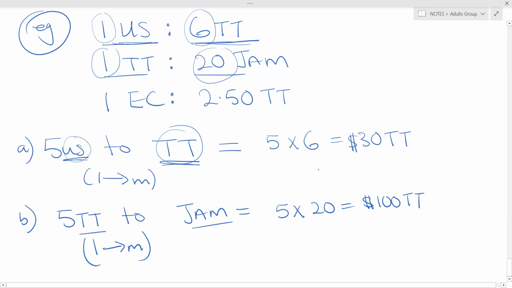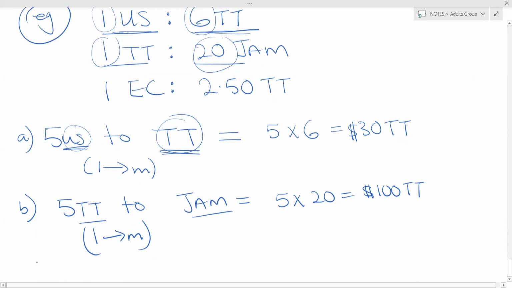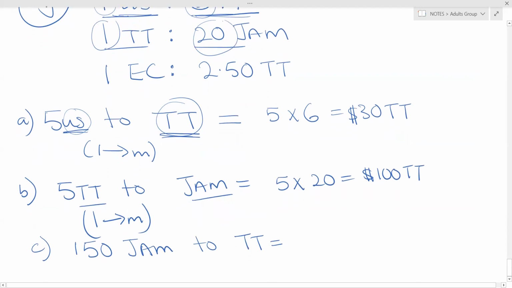Now, if I say I want 150 Jamaican now to TT, what type of relationship is this? We go back to the top. 1 TT to 20 Jamaican, but we're going the other way, Jamaican to TT. So it's now a many to 1 because it's 20 to 1.